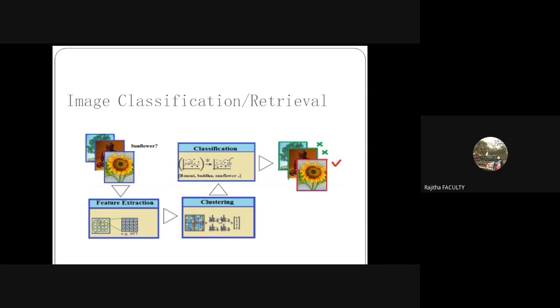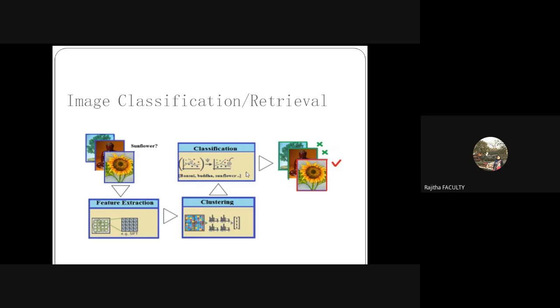So now on these 1000 rows of sunflowers, 1000 rows of Buddha, 1000 rows of tree, I'm going to apply a classification approach. This classification approach could be an ML based technique, for example a decision tree. Just now I showed you how a decision tree works.